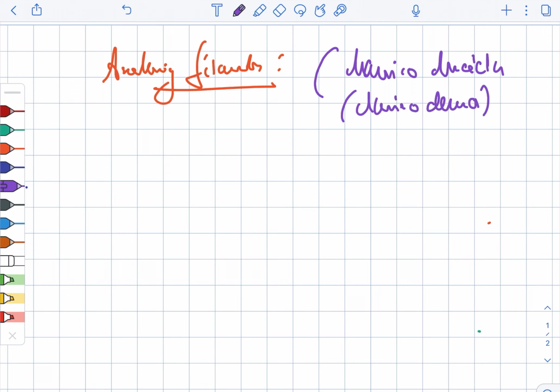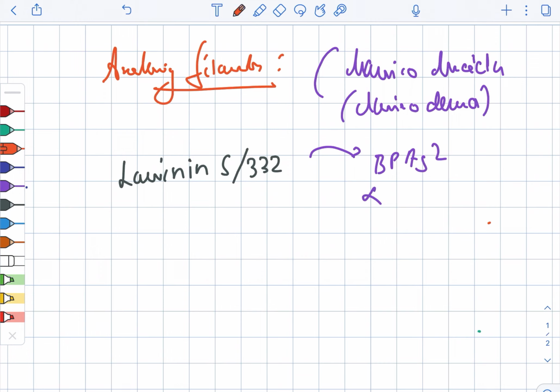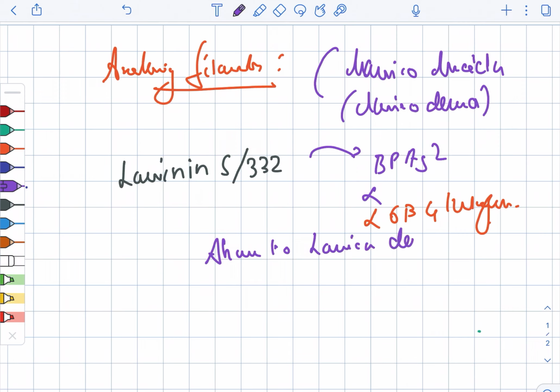The anchoring filament from the lamina lucida layer consists of laminin 5, also known as laminin 332 proteins, and what this does is it connects the BPAG2 and the alpha 6 beta 4 integrin, which are above, to the lamina densa below.